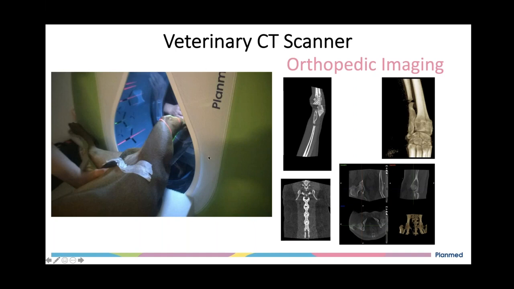Some cone beam systems have larger bores and are able to fit larger dogs into them. The one that we manufacture has a bore size of about 40 centimeters. That you can fit 35 centimeters, something like that, into.